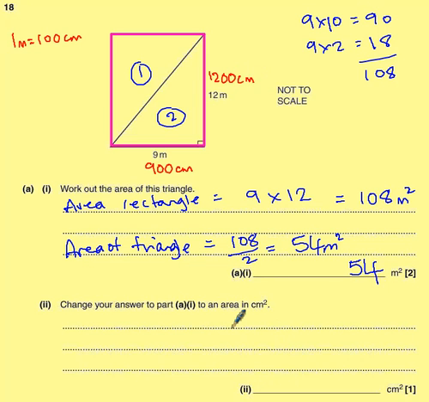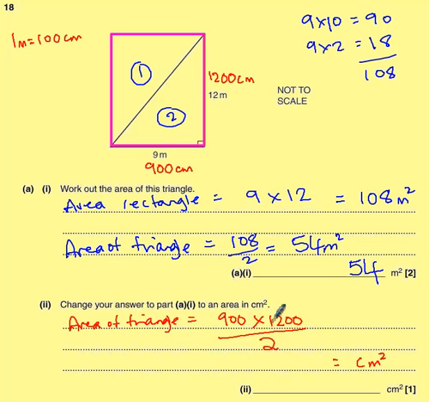So if we repeat exactly the same calculation now, the area of the triangle is equal to 900 times 1200 divided by 2, because there are 2 triangles inside that rectangle. We've now shown our lengths in centimetres. So when we multiply centimetres by centimetres, our units will be centimetres squared.